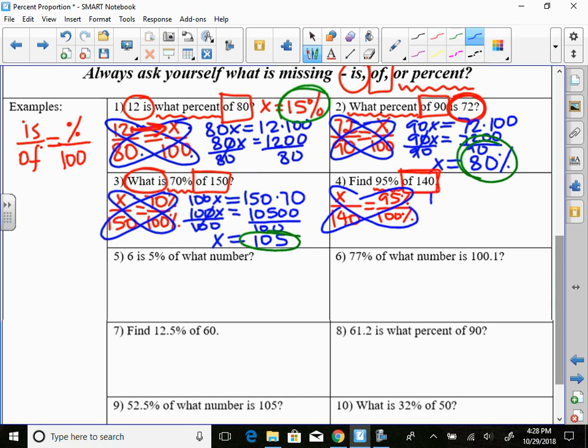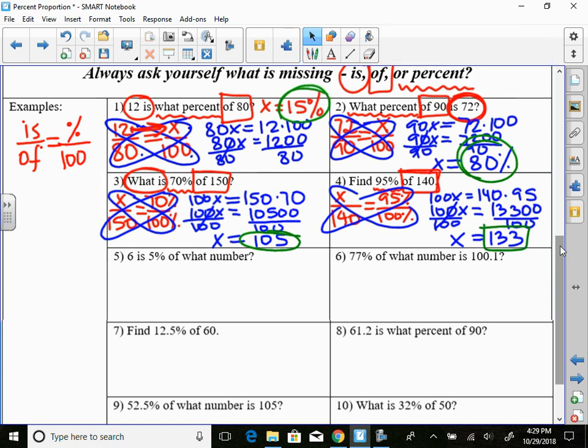I have 100x equals 140 times 95. 100x is 13,300, and all there's left to do is to divide it by 100, and x is 133. Let's see, 133 was the part, so the part has to be less than the whole, and it is.